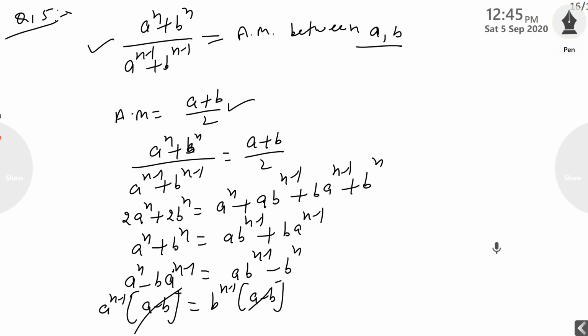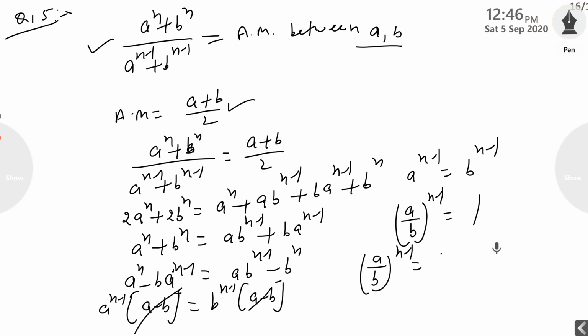After cancelling a minus b, we get a^(n-1) equal to b^(n-1), and (a upon b)^(n-1) is equal to 1, and we can write it as (a upon b)^(n-1) equal to (a upon b)^0, because the value of a number to the power 0 is 1. So if the bases are same, then the powers are equal, then n minus 1 equal to 0 and n equal to 1. We get n equal to 1.